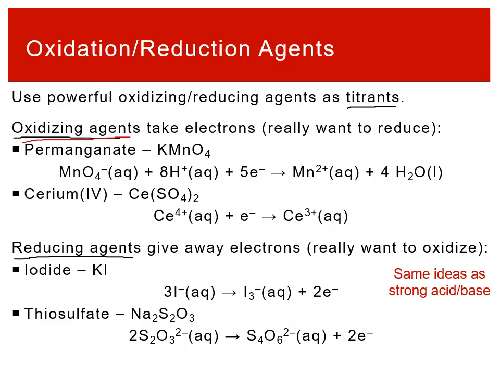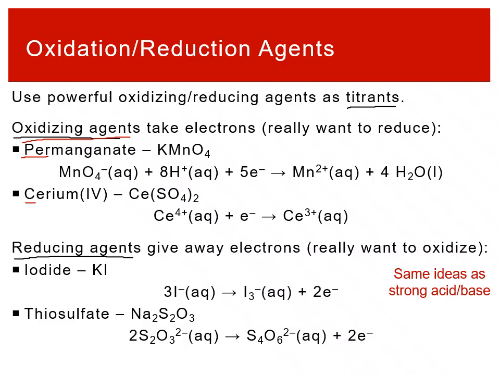We've seen that oxidizing agent can characterize an individual reactant in an individual reaction, but we also use this language for permanganate and cerium-4. These are ions that really want to reduce. They really want to gain electrons, so they will oxidize basically anything you mix them with.